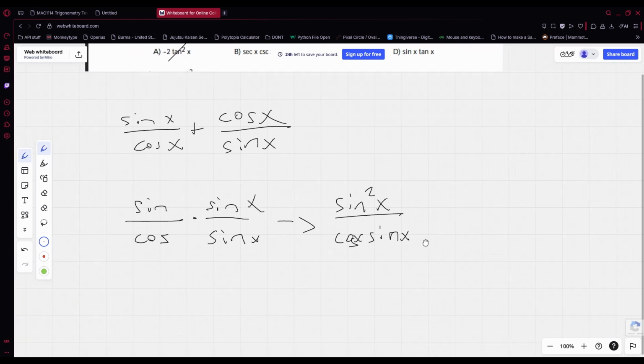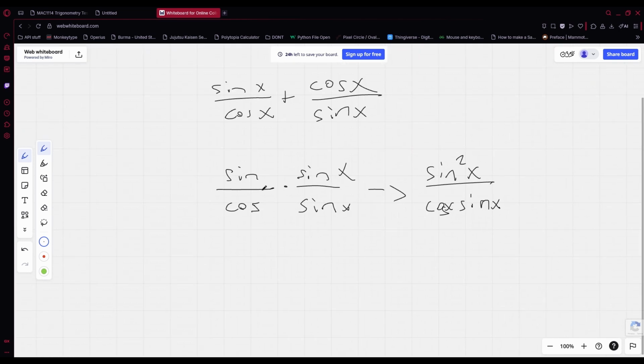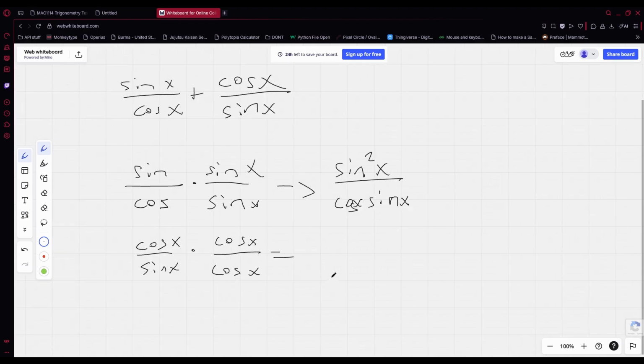Forgive my handwriting, I'm using a mouse. And then I'll do the same thing on this side, so this denominator needs to be sine cosine, because that's the lowest common denominator. So I will multiply cosine over sine by cosine over cosine. That'll give us cosine squared x over sine x cosine x.